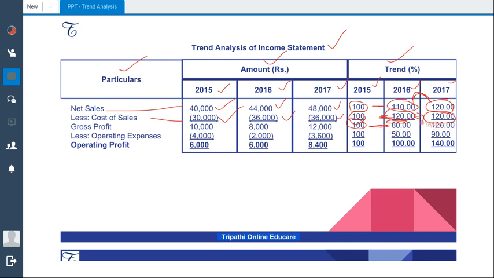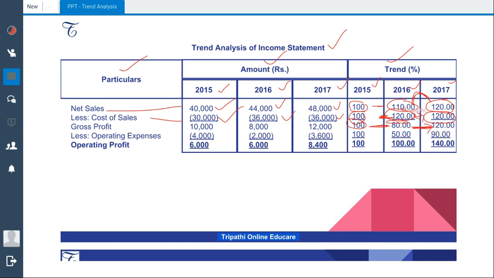Right? Now, if you see the last year, that is 2017, it went up to 120%. In 2016 it was 80%, in 2017 it was 120%.